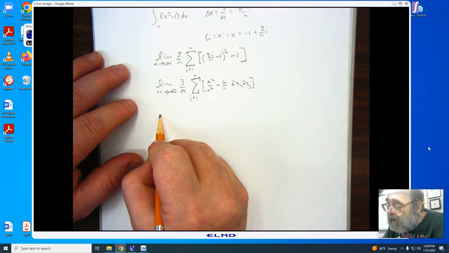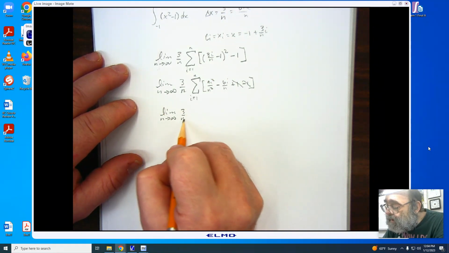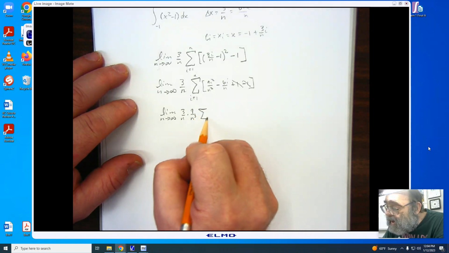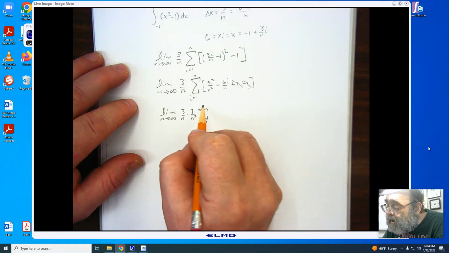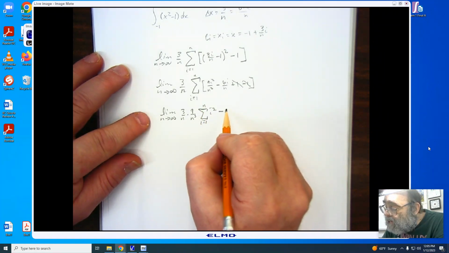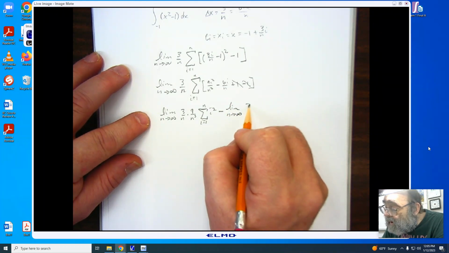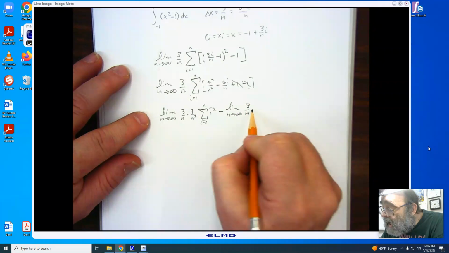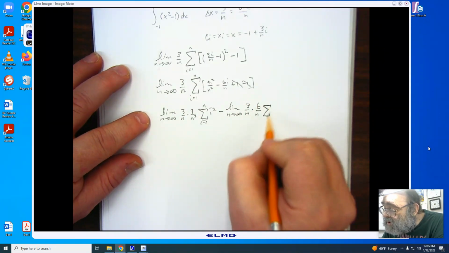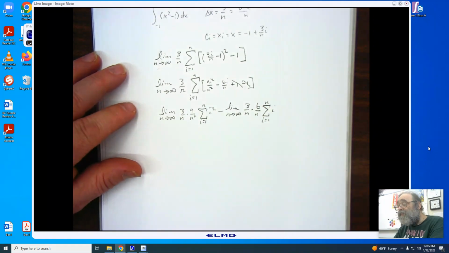So here we go. The limit as n is approaching infinity for 3 over n times 9 over n squared times the summation, i going from 1 to n of i squared, minus the limit as n approaches infinity for 3 over n times 6 over n times the summation, i equaling 1 to n of i.